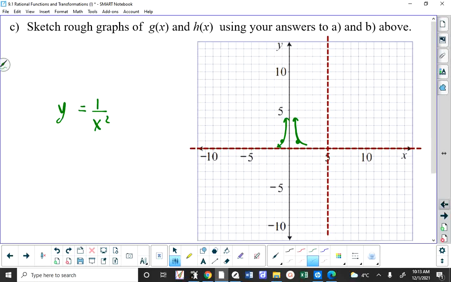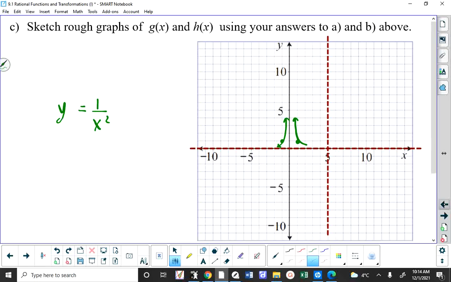So if I stretch them vertically by a factor of 3, they would be 3 away from the horizontal asymptote. And that means when I shift the whole graph 5 to the right, they are still going to be 1 to the left and 1 to the right of the vertical asymptote, but they will be stretched vertically away from the horizontal one by a factor of 3.